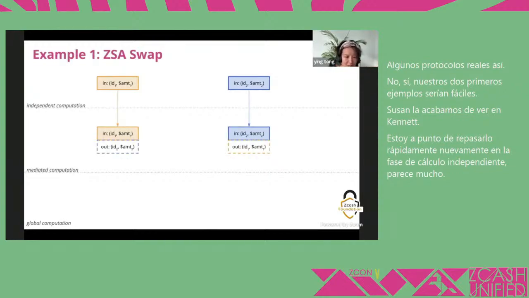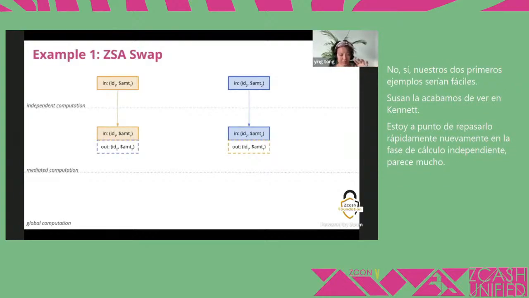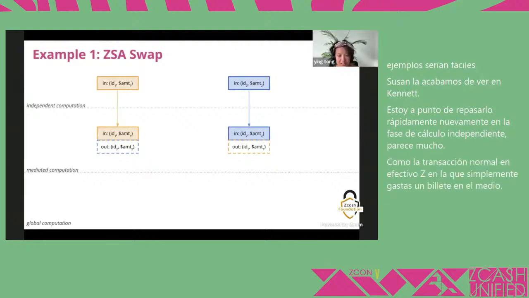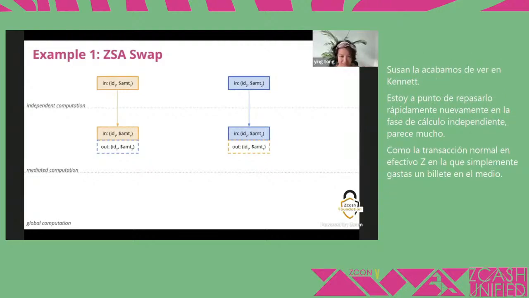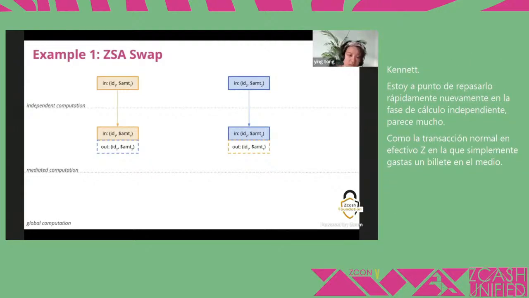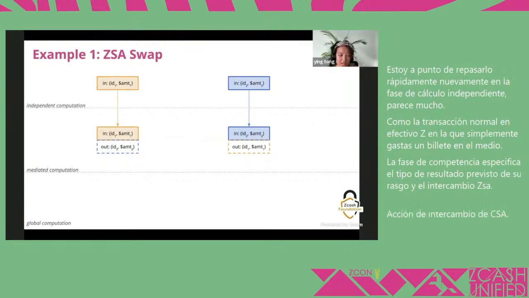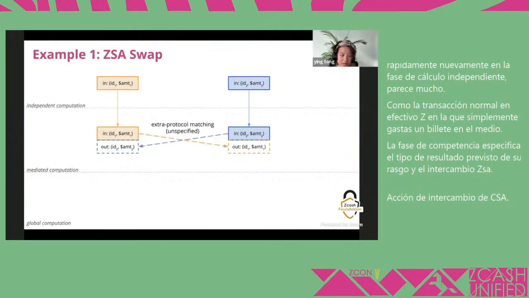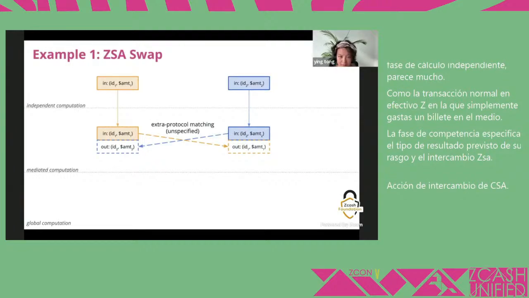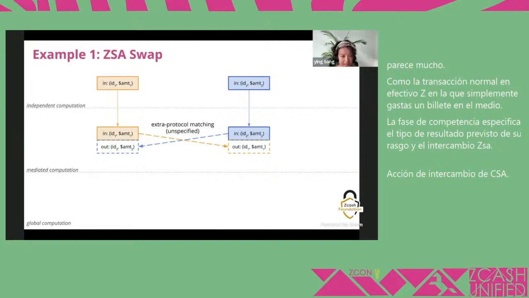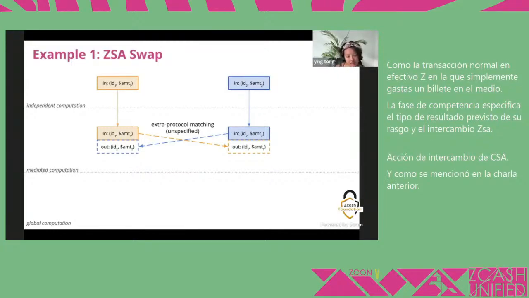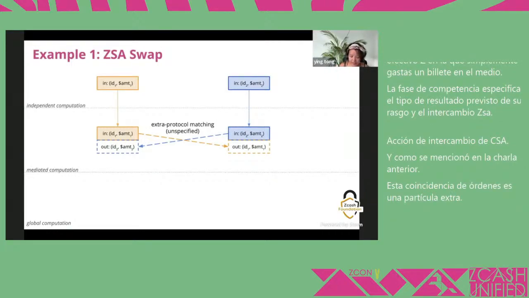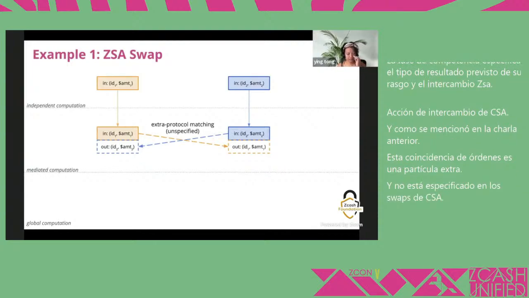In the mediated computation phase, you're specifying the intended outcome of your trade, the ZSA swap action. And as was mentioned in the previous talk, this matching of orders is extra protocol, and it's unspecified in the ZSA swap protocol.